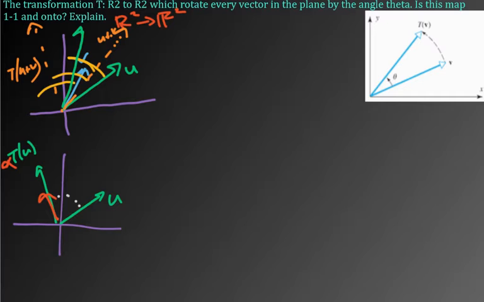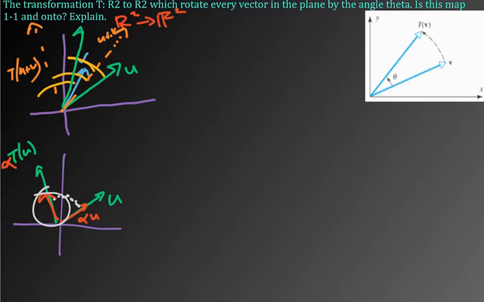Or you could have shrunk U right off the bat, so this is alpha times U, and then you do your transformation and you would be right back to that spot. So the scalar one is probably a little more intuitively easy to see.